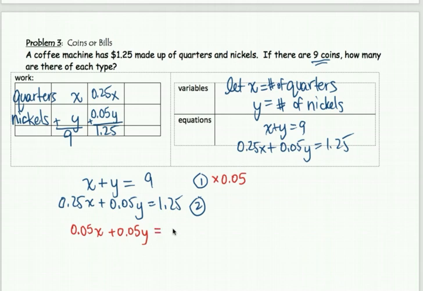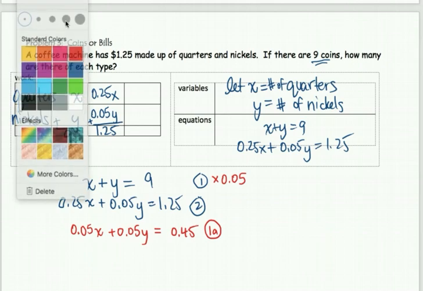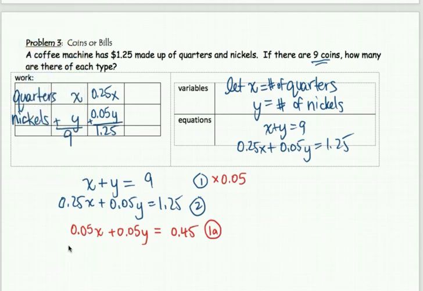For some reason, people always forget. Now that's the new version of number 1, so we'll call it 1a, and equation 2 is still the same: 0.25x, 0.05y, and $1.25.